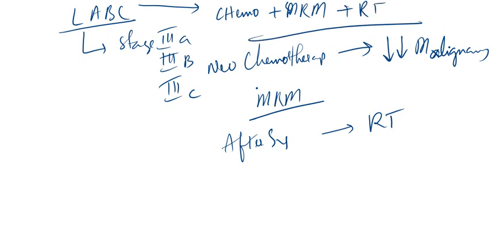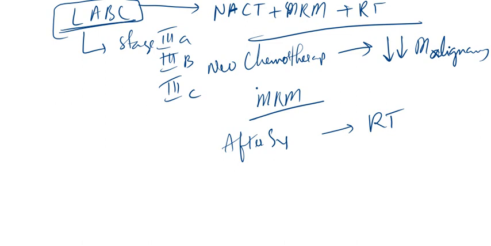Okay. I should write this completely, wait, I will write it down. Neoadjuvant chemotherapy plus modified radical mastectomy plus radiotherapy. That is the treatment for LABC, locally advanced breast cancer.